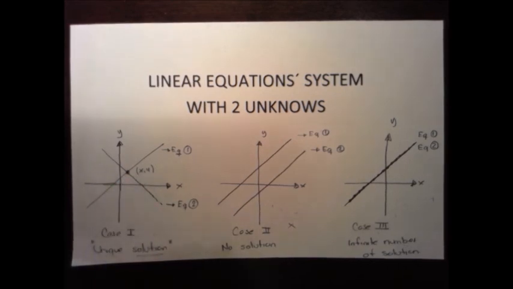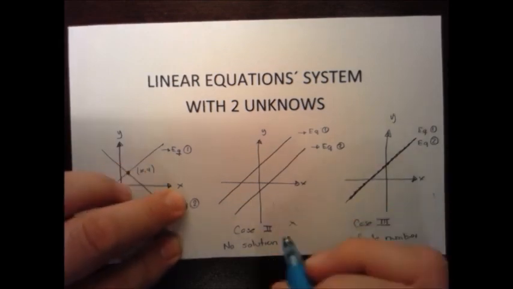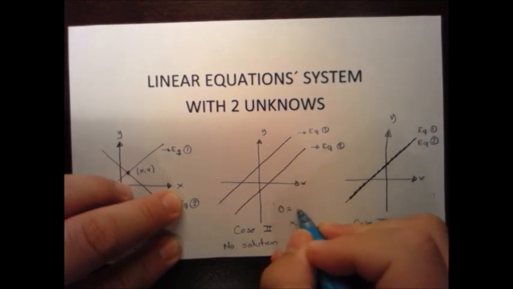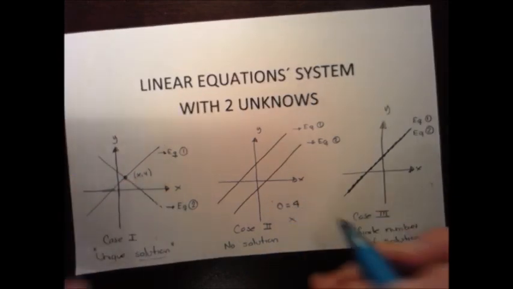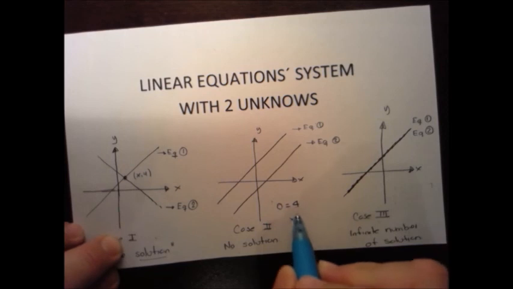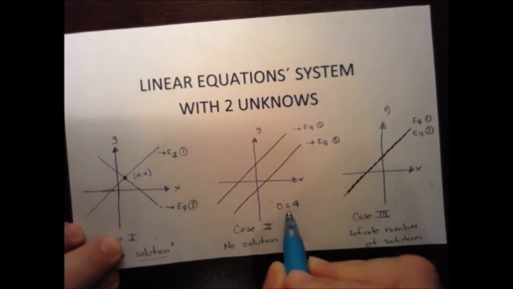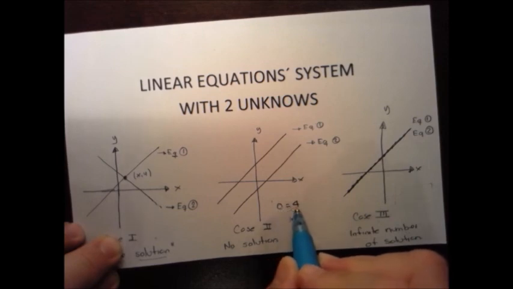But if, using the techniques, at one moment of the algebraic operation you have something, for example, like 0 equal to 4, you can see that this is not true. This is inconsistent because 0 is not equal to 4.